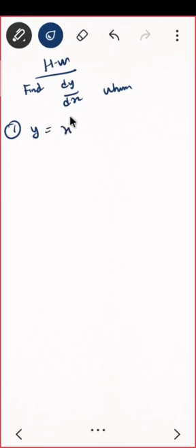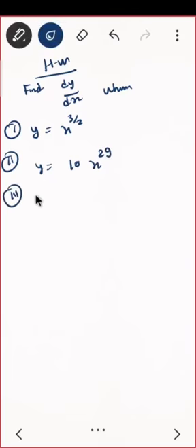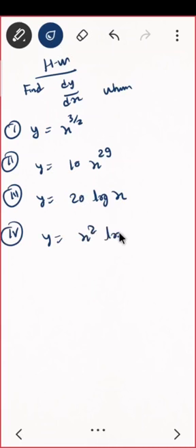So x raised to say 3 by 2. Two raised to x upon x square.